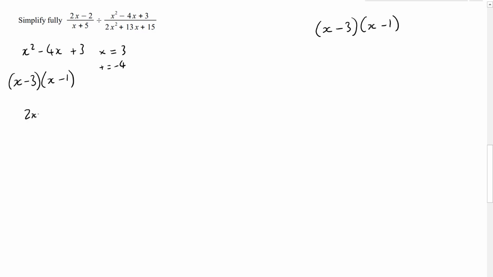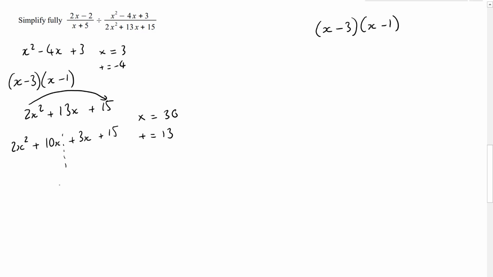Then we have 2x squared plus 13x plus 15 along the bottom. We're looking for two numbers that multiply to give us 30, but add to give us 13. This is going to be 10 and 3. So we're going to split this up: 2x squared plus 10x plus 3x plus 15.